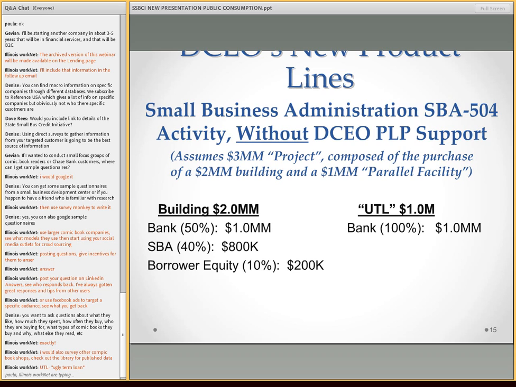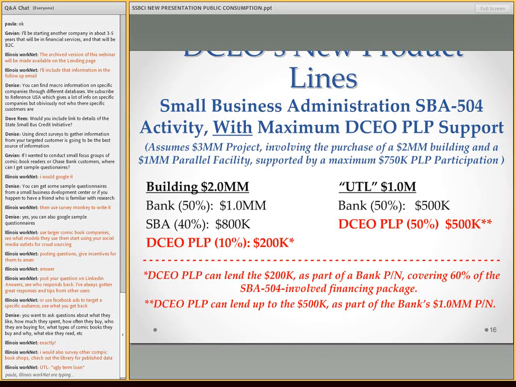For instance, if it's a startup business or if it's a special purpose building or special purpose equipment, they'll subtract 5% for each of those. So somewhere between 30 and 40%. The typical portion from the SBA is 40%. And then the borrower is supposed to put up a 10% equity or 10 to 20% equity.